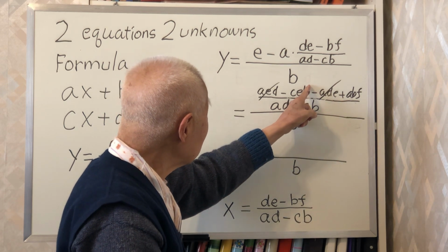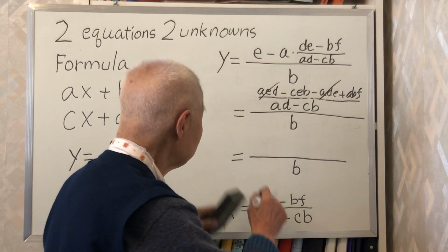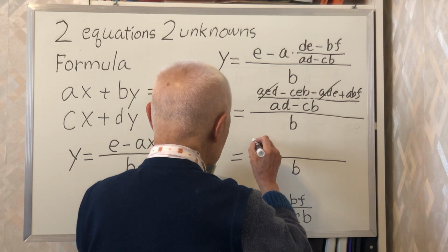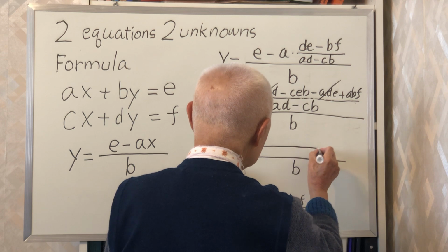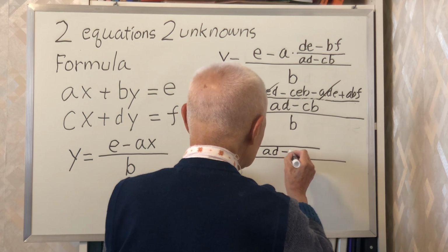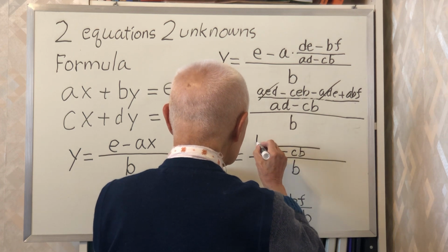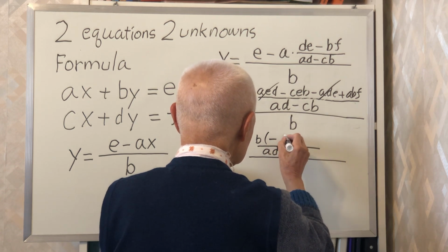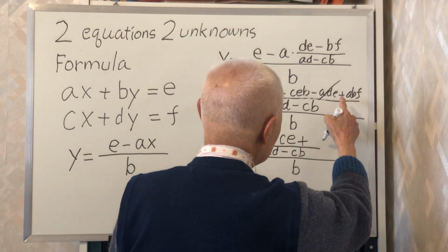I have B here and B here, so I can factor out the B. I have minus CE plus AF.